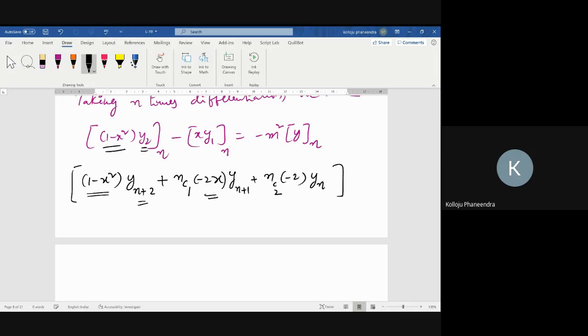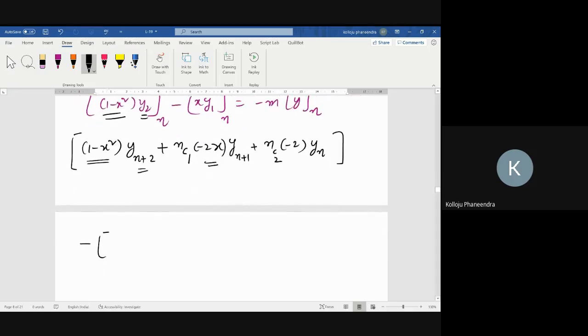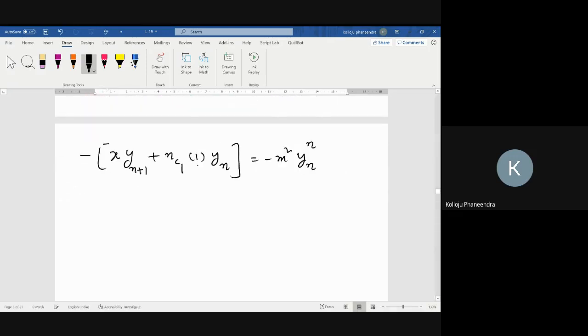This is the first bracket. Minus, same logic for the second one, x y1. X as it is for y1 n derivative, n plus 1, plus nC1, x derivative 1 and decrease one derivative, and next one derivative 0, finished, equal to minus m square for y nth derivative, which is yn.